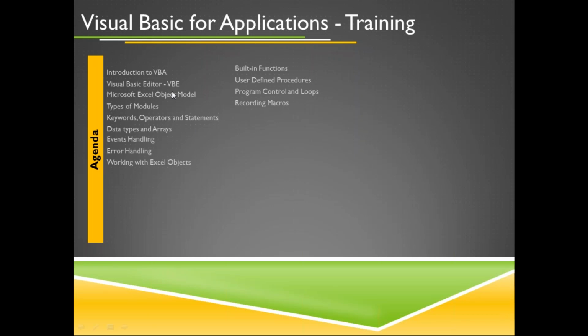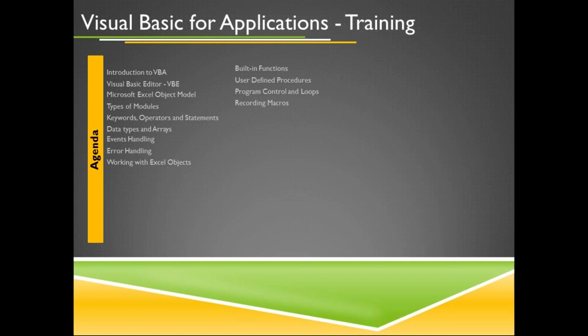In our last class, we discussed what is VBA, an introduction to VBA. What is VBA and what is VBE? And then we will be discussing what objects are in Excel, what an object is and how to make use of them.